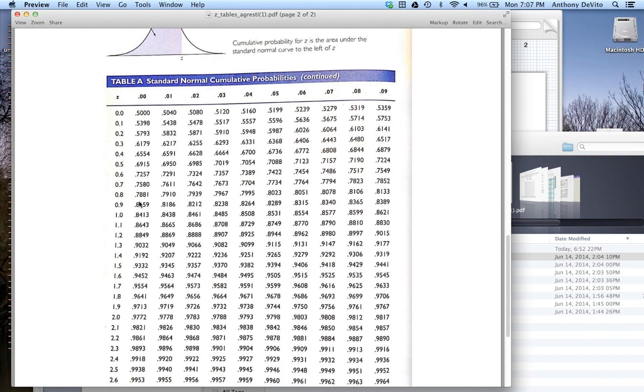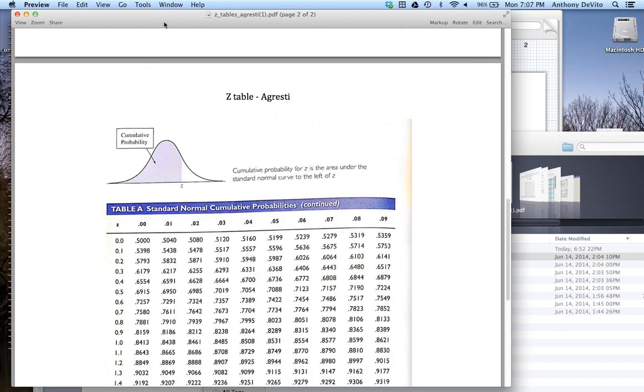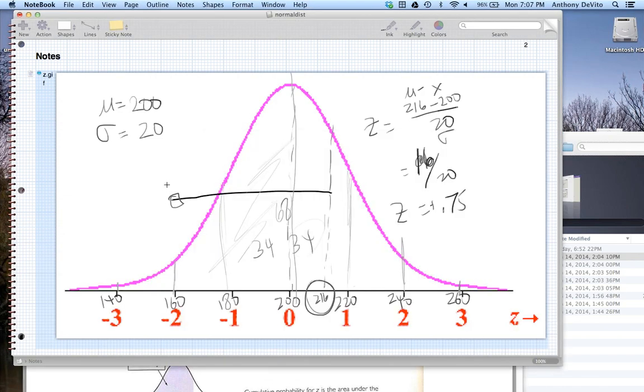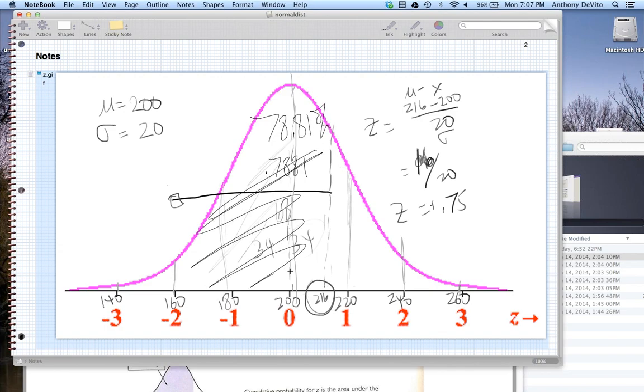So I'm looking for 0.80, which represents 0.7881, or 78.81% of the population. That's the area I'm looking at.